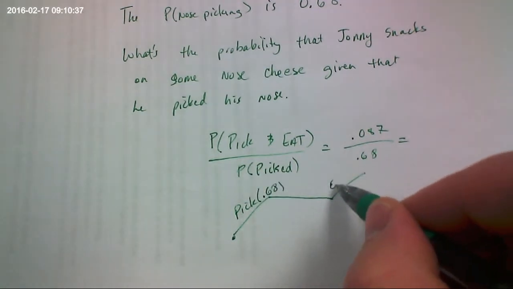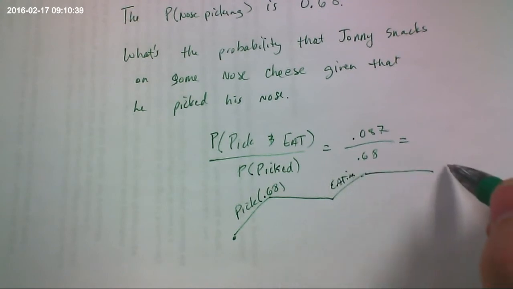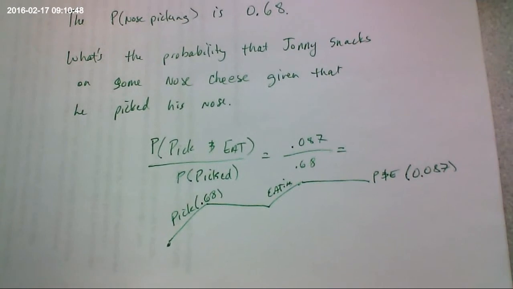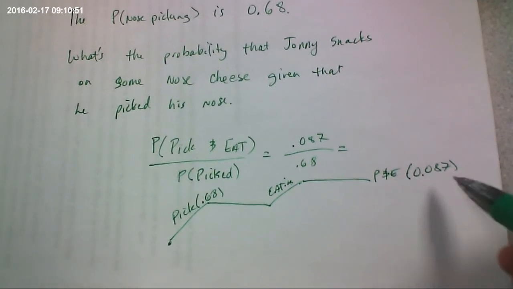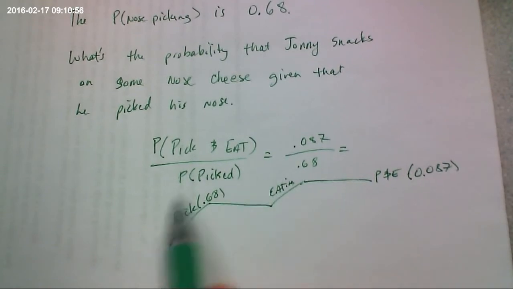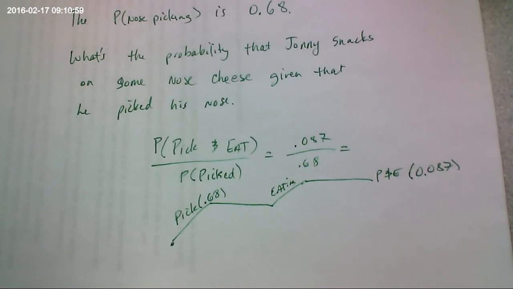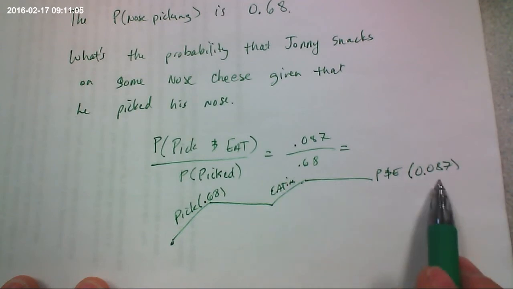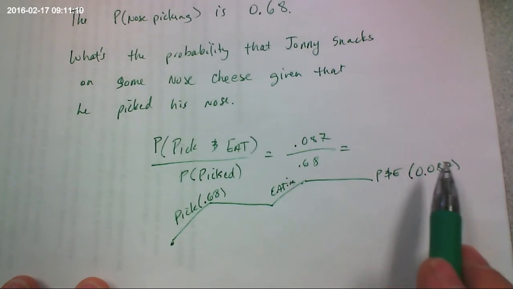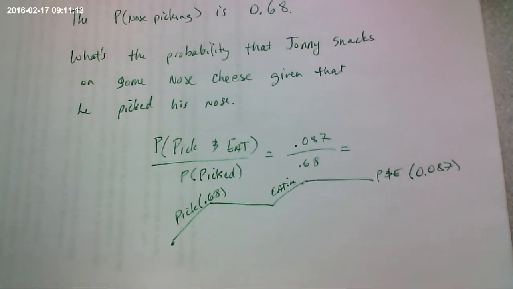You got the eating, which you don't know. But this right here is picking and eating, and that would be 0.087. The way you get this number, you remember from what we did yesterday, is you multiply those two together. So this probability times that probability equals this. In this situation, you just don't know what this one is, so you end up dividing that number by that number. See? That's it.